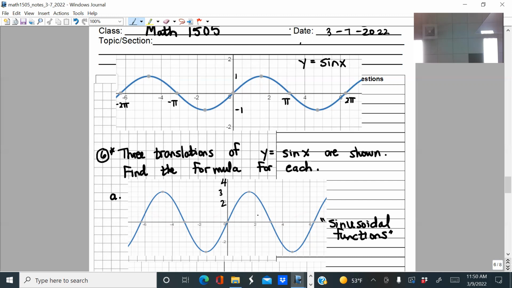Vertical. What sort of? Are you shrinking it now?